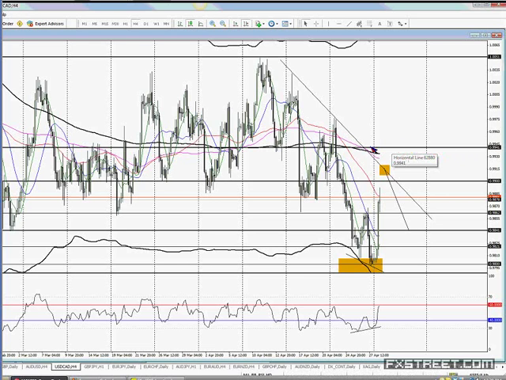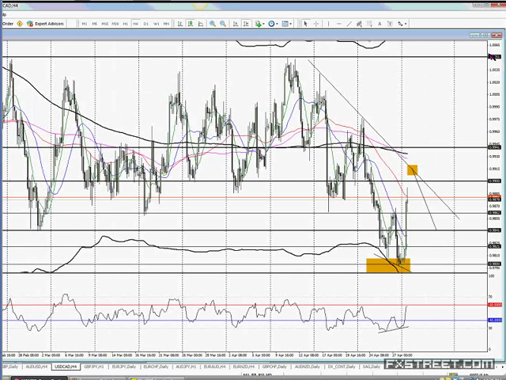Okay, 99.40 is what I see as the central pivot of this range. We have the range being 1.0050 down to 98.40. So 99.40 isn't the exact middle, but in the 99.40 to 50 area, you see a lot of reaction there.